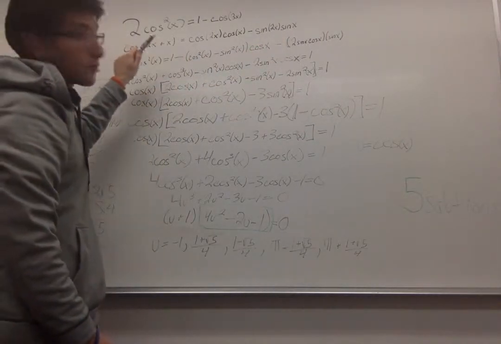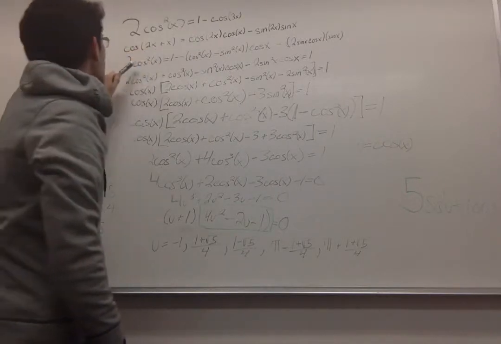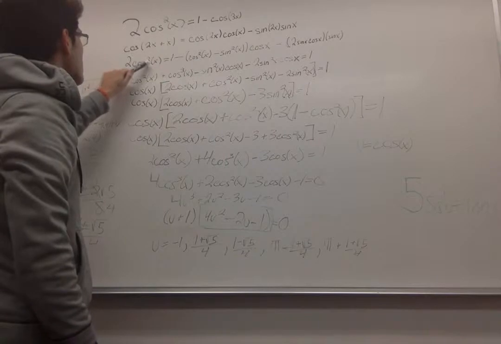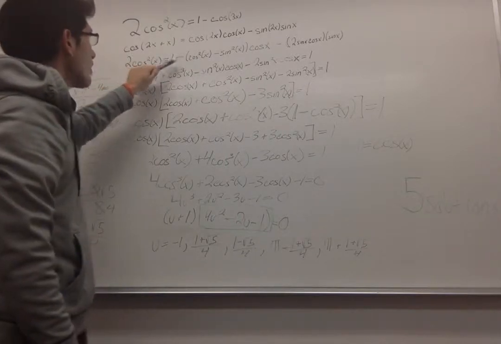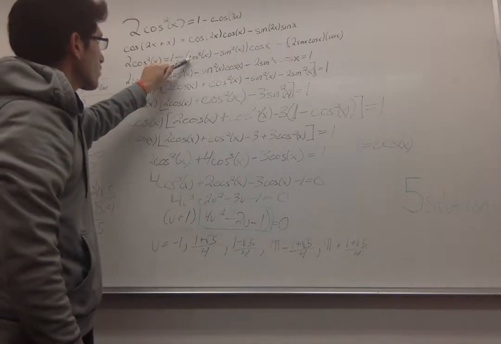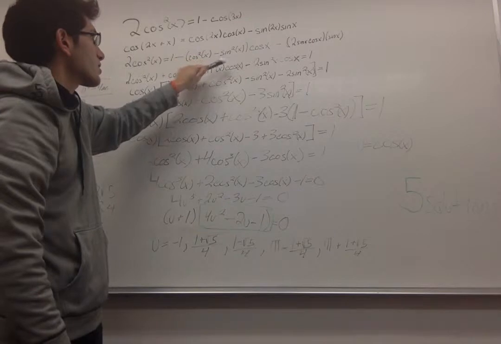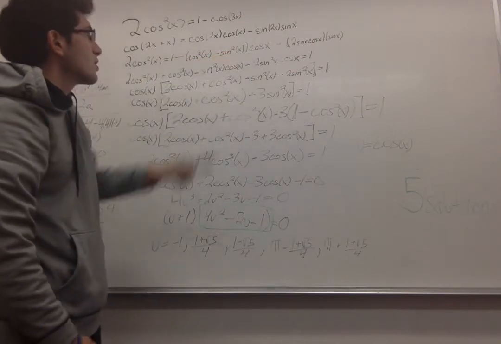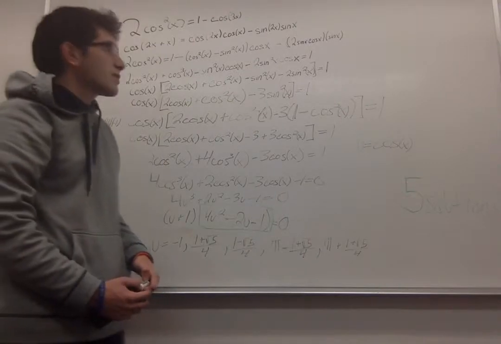And then we have to use another trig identity for cos(2x + x). That would equal 2cos²x, and then equal to 1 minus (cos²x − sin²x) times cosx, and then minus 2sinx cosx times sinx.